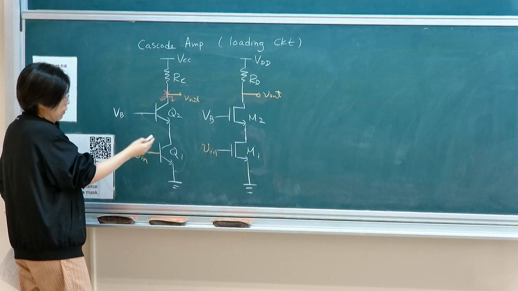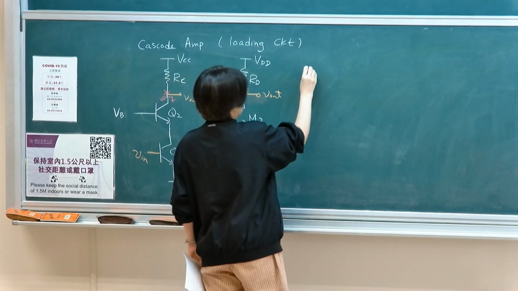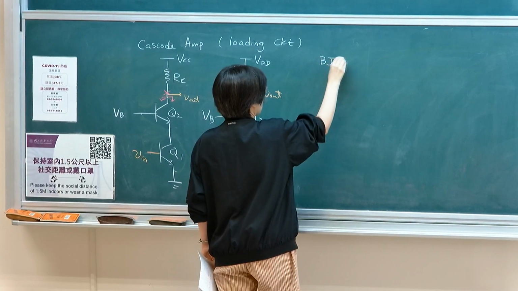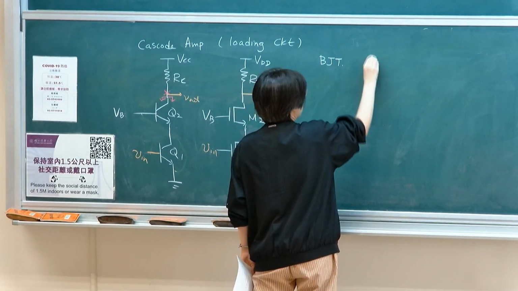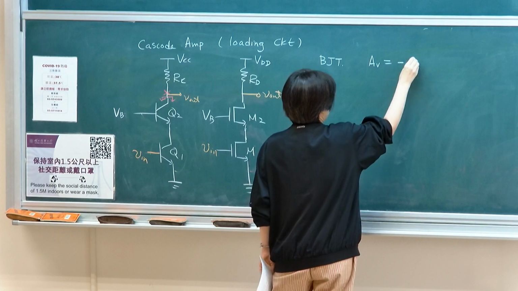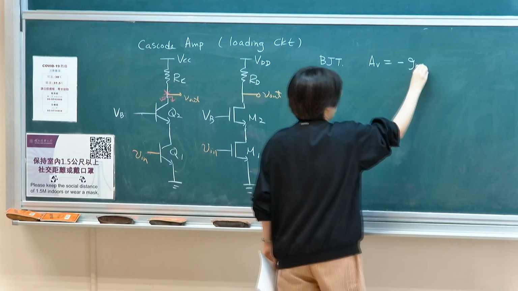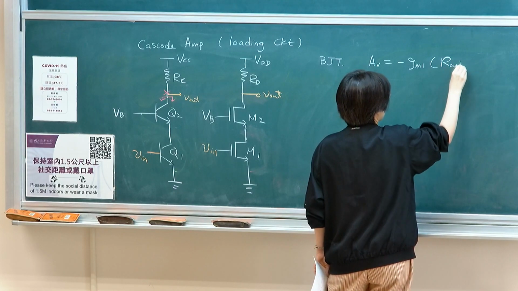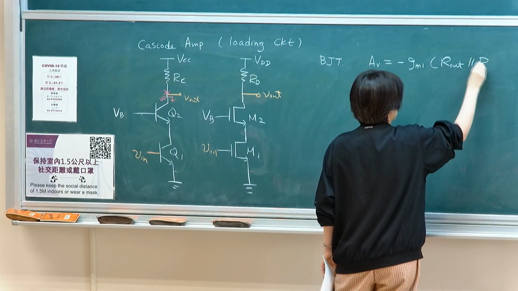For the circuit on the left, for the BJT version, the voltage gain, I'm just going to write voltage gain, is minus gm1 times Rout in parallel with RC.